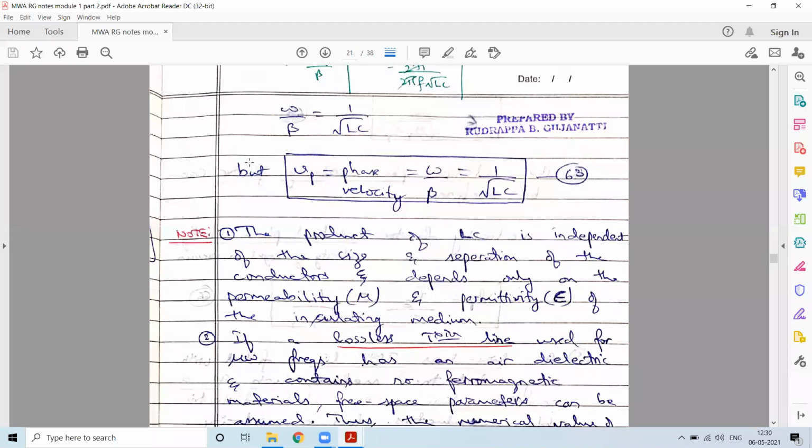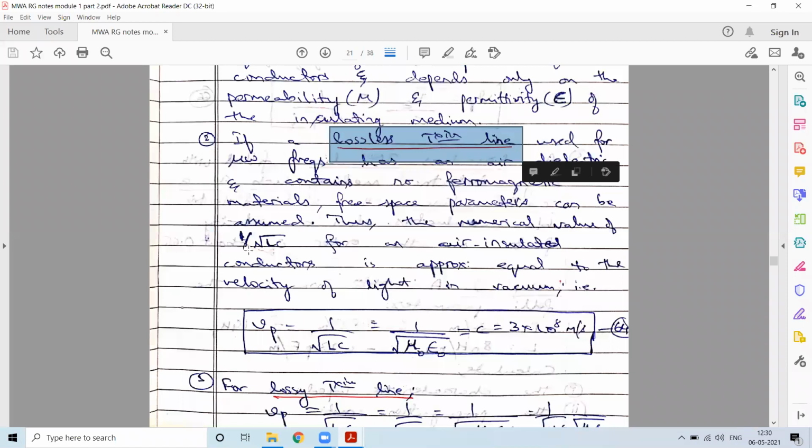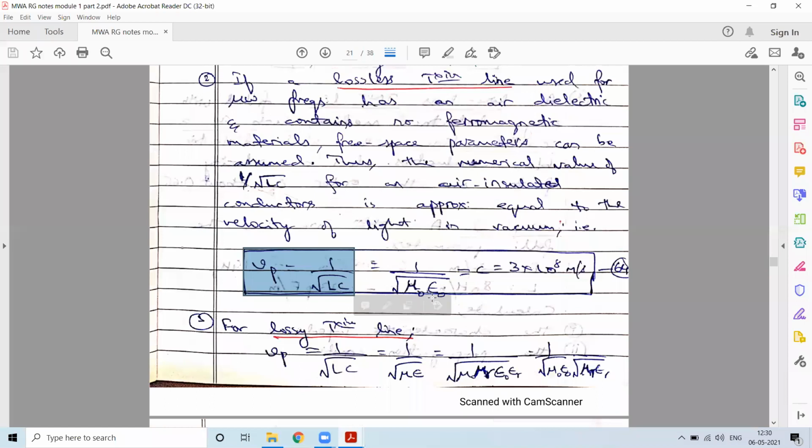So for the lossless condition, we have Vp is equal to 1 by square root of LC, which reduces to 1 by square root of mu naught into epsilon naught. When I substitute mu naught and epsilon naught, I get nearly 3 into 10 raised to 8 meters per second, which is nothing but the value of the speed of light in vacuum.